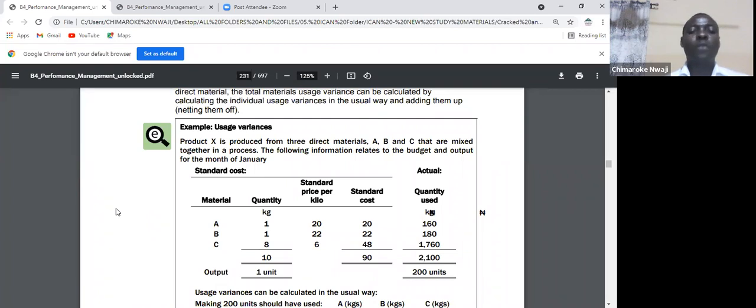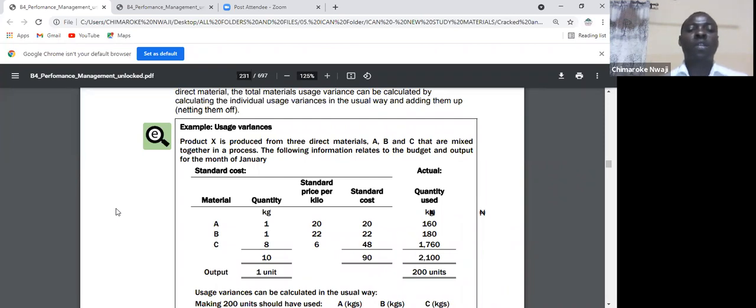So for 1 unit, we will need 1 kg of material A, 1 kg of material B, and 8 kg of material C. So when you add these quantities together, you have 10 kilograms. 1 unit uses 10 kilograms, but in separate materials.